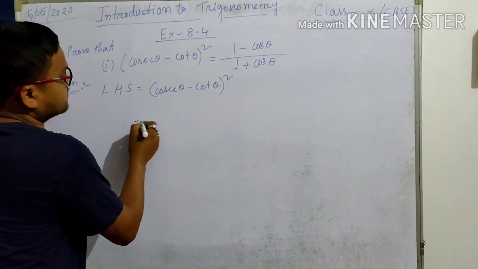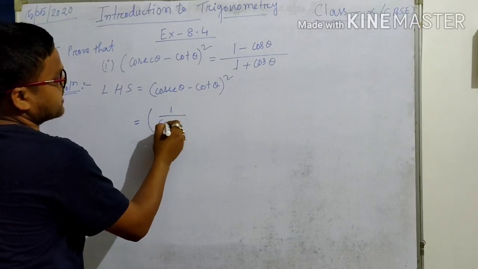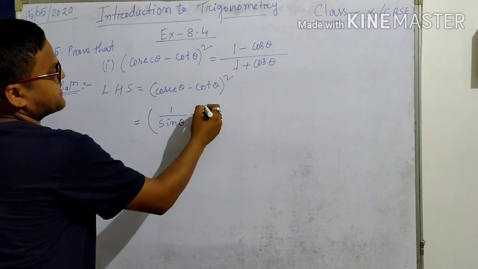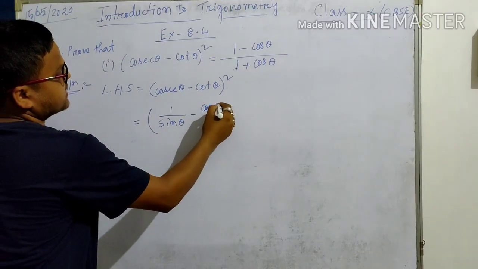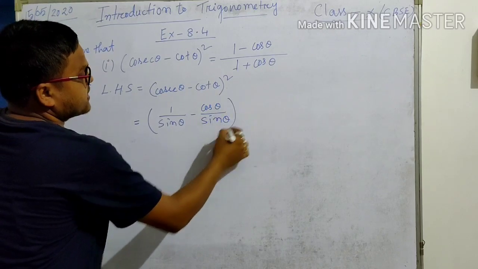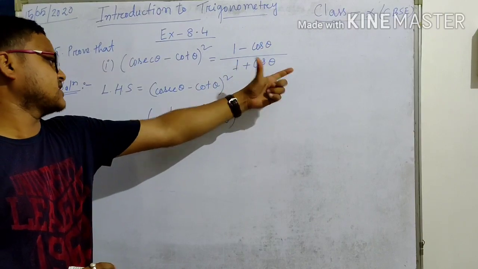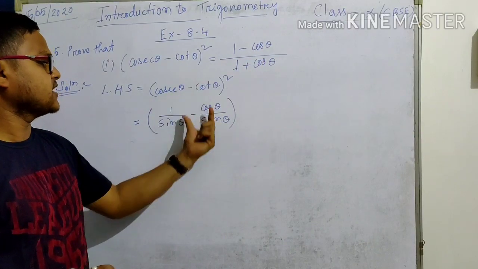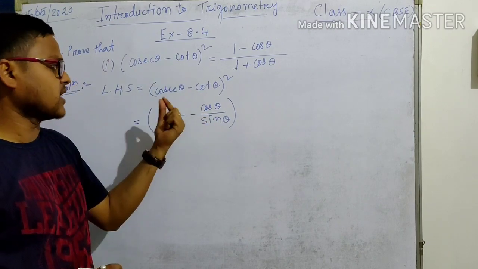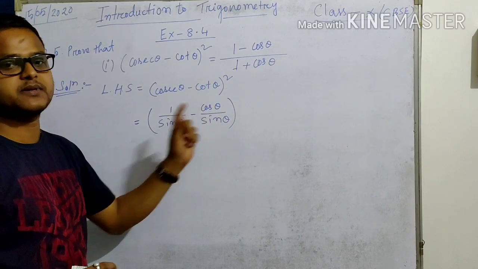First, cosec theta we can write as 1 by sin theta, and cot theta, one identity is there, is cos theta divided by sin theta. Now in the right hand side it is cos theta, so we convert cot theta to cos theta by sin theta.